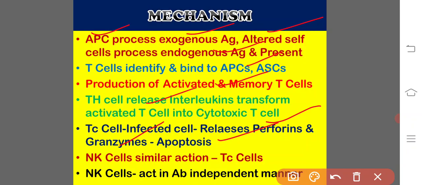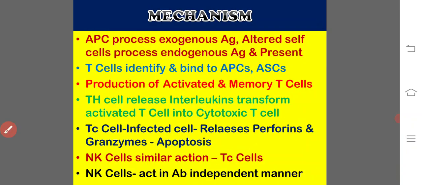The natural killer cells are similar in their action to cytotoxic T lymphocytes. However, natural killer cells destroy the infected cells in an antibody independent manner, whereas the CTLs, cytotoxic T lymphocytes, destroy the infected cells in an antibody dependent manner. So this should be remembered.